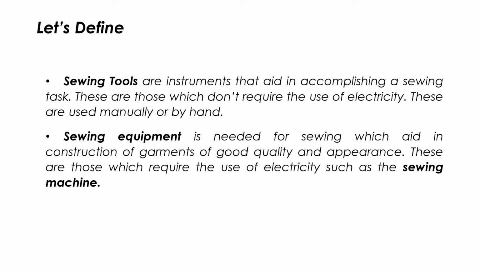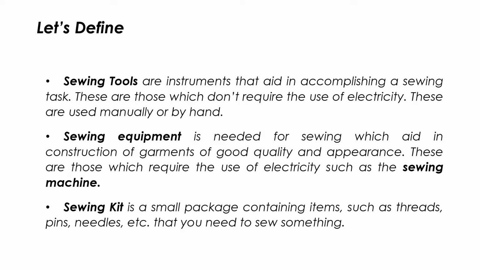Sewing equipment is needed for sewing which aid in constructing of garments of good quality and appearance. These are those which require the use of electricity, such as the sewing machine.